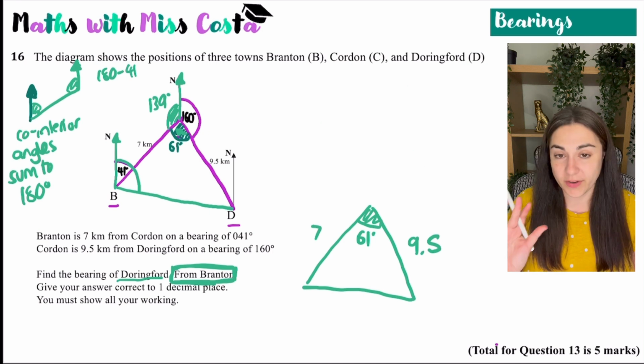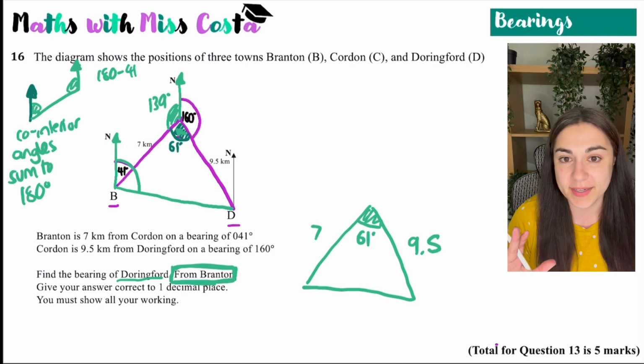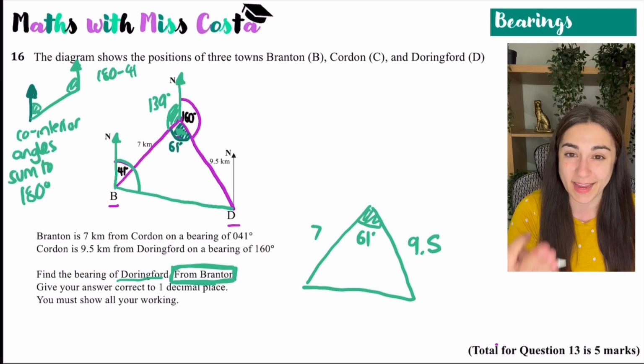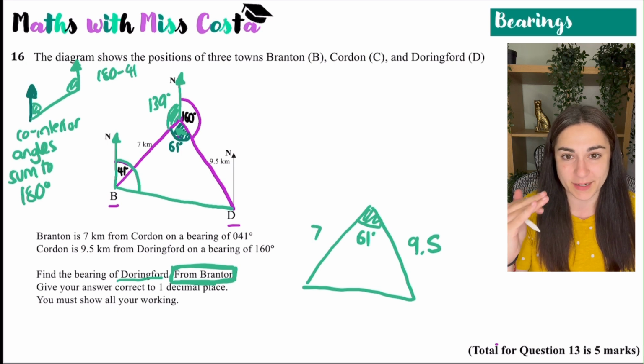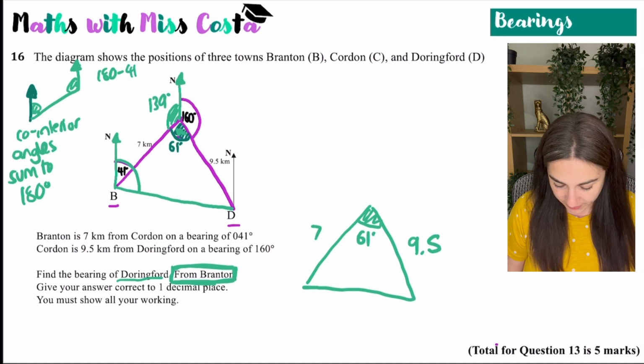So I've got two sides, one angle, and the trick when you're using the sine rule is you want to have two sides and their corresponding angles, one of which you want to find out. Essentially you want two sides and two angles, and one of them can be missing, but they need to be corresponding. Whereas here, if I just label this triangle, let's label this big A and this little a, and this would be little b. So this here would be big B, this little c, and this would be big C.